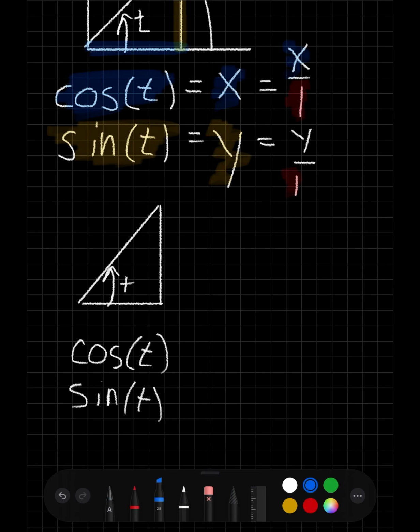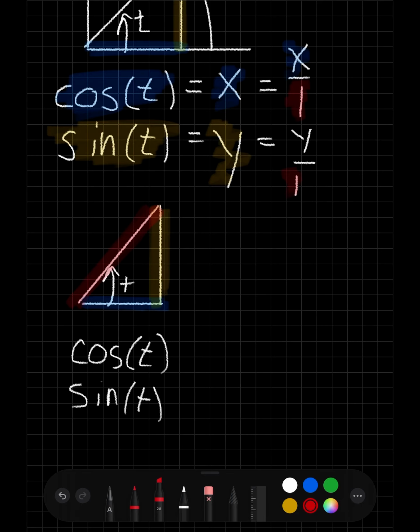The parts of our triangle are the same. So this blue side is the same length as it was before when it was labeled x. And this yellow side is the same length as it was before when it was labeled y. And our hypotenuse is the same as before when it was labeled 1.